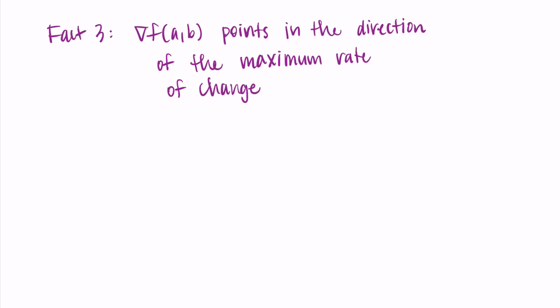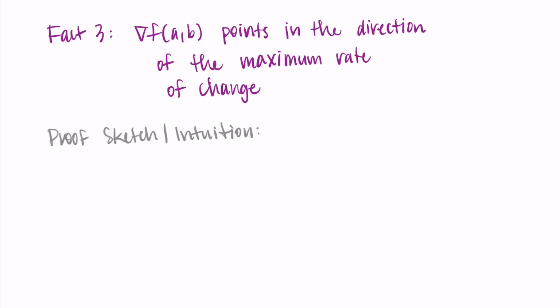So going on to fact 3 tells us that the gradient at a point is the vector that goes in the direction of the maximum rate of change. So this gradient of f is specifically our vector u that goes in the direction of the maximum rate of change. So let's write out that argument here.